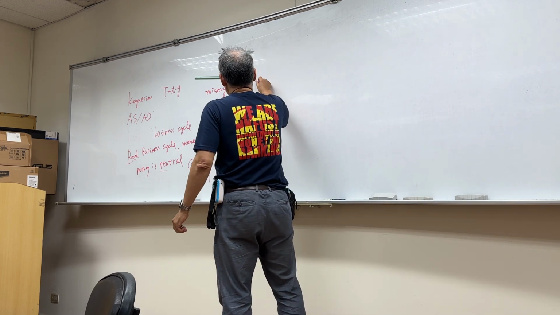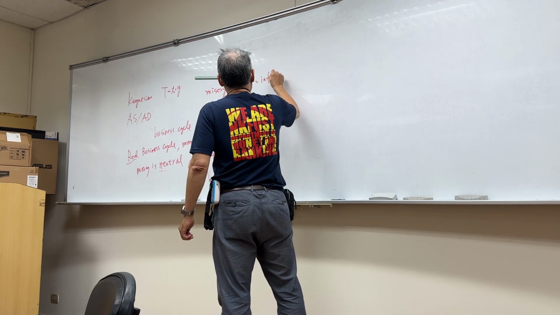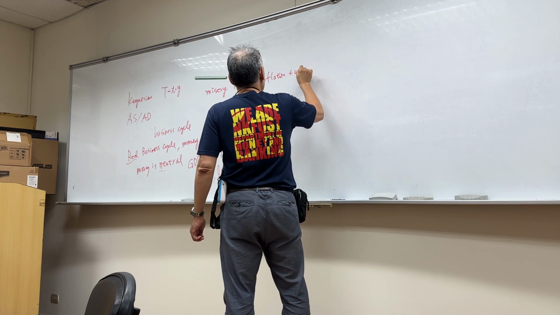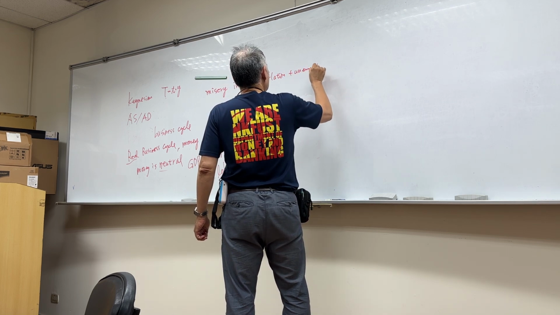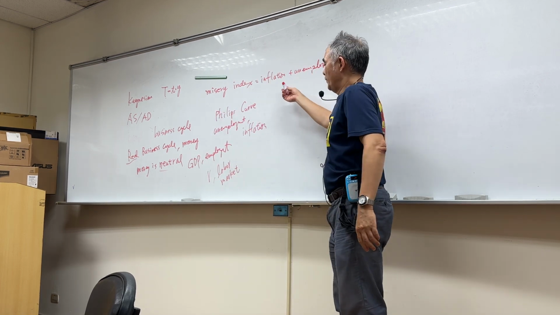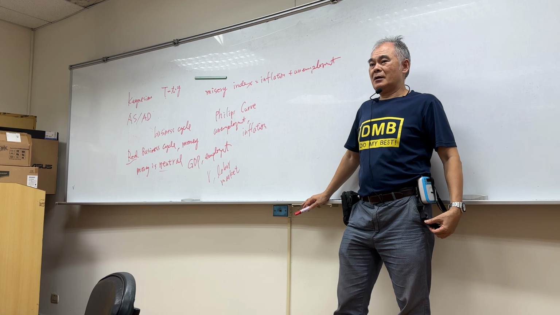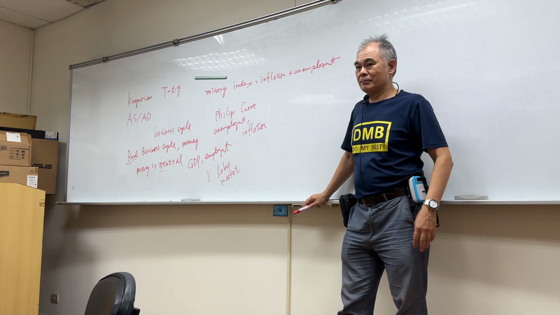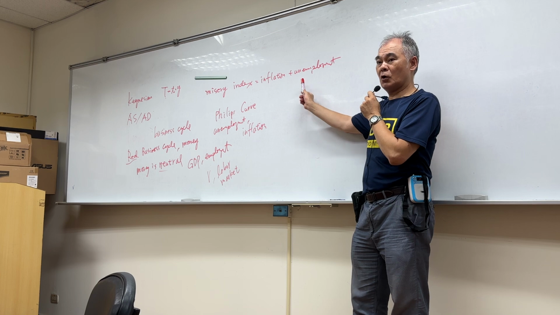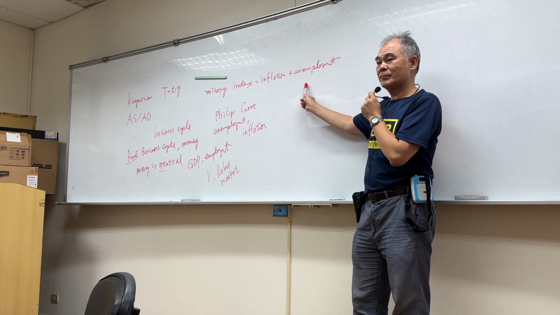And this is equal to the inflation rate plus the unemployment rate. So inflation is not necessarily a bad thing, but unemployment definitely is very bad for all of us. If you are unemployed, you are in trouble, you don't have income.